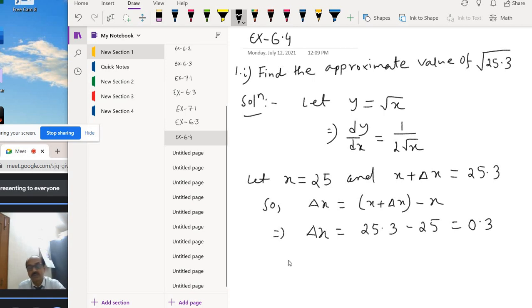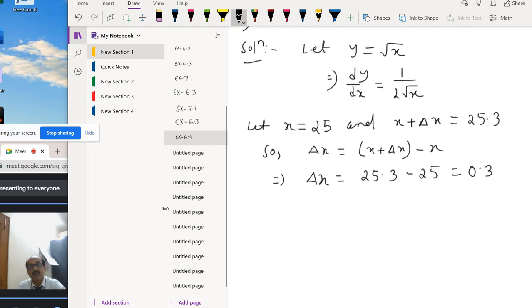Now delta y, the increment of y, equal to under root x plus delta x minus root x.